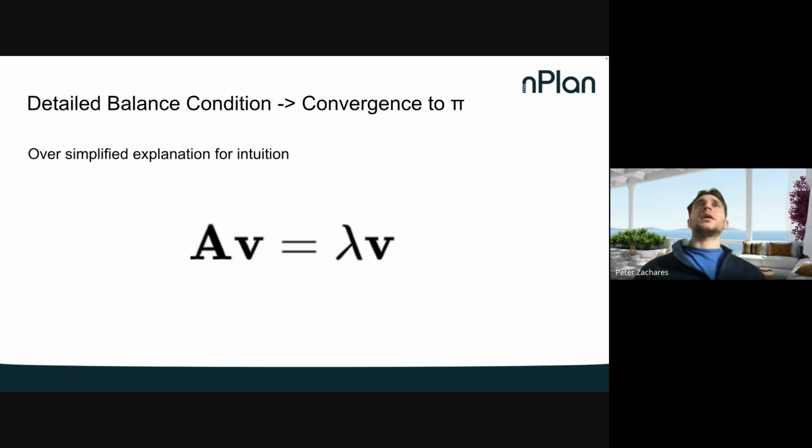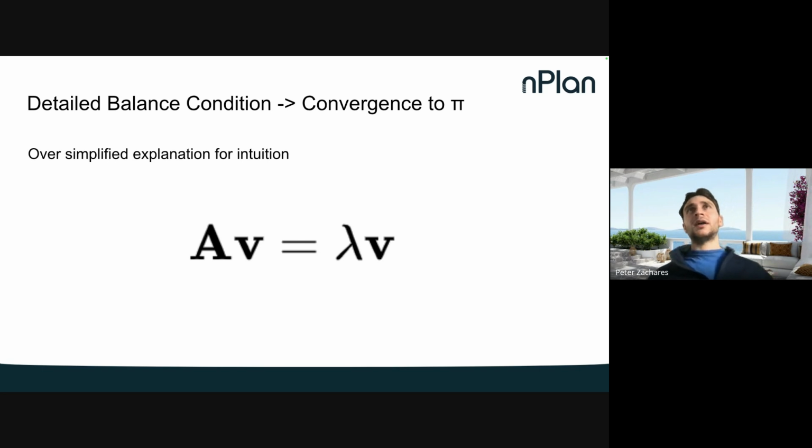Yep. Okay. And now I want to give an oversimplified explanation of why it converges to the stationary distribution, because I've shown you that if a Markov chain meets the detailed balance condition, it has a stationary distribution, which is the distribution that meets the detailed balance condition.